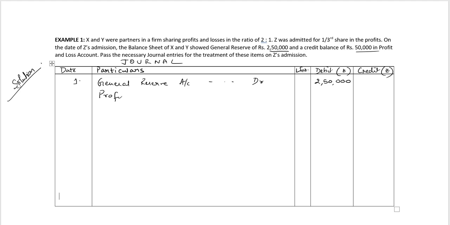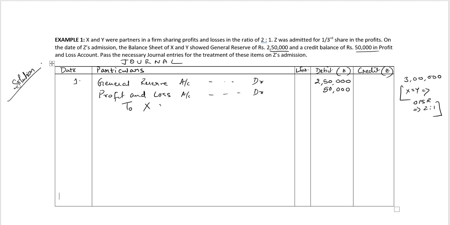Profit and loss account debit, the profit and loss account is Rs 50,000. Totally 3 lakh rupees to be distributed between X and Y in OPSR, which in this case is 2:1.